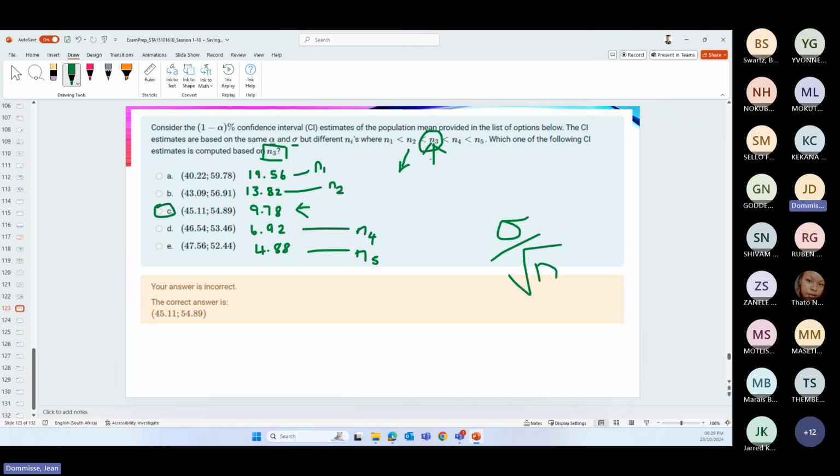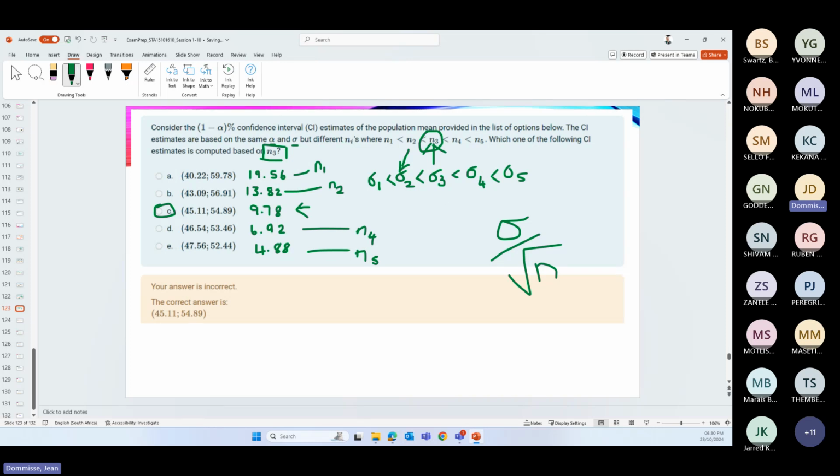Be careful that they don't do something like this in the exam, where we now had the n in the mock exam and in your questions: they tell you that the confidence intervals are based on the same alpha and sample size, but your standard deviations are different.